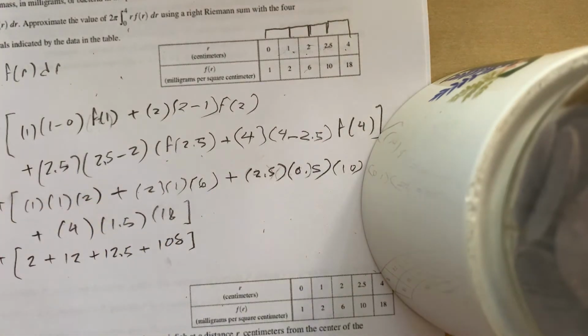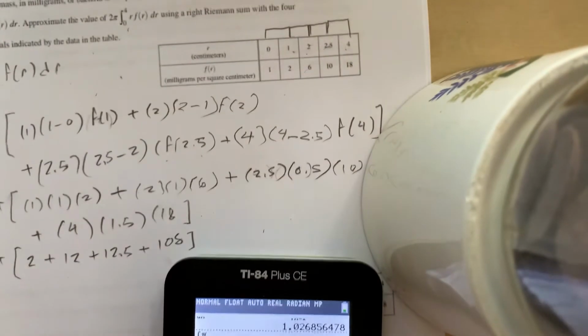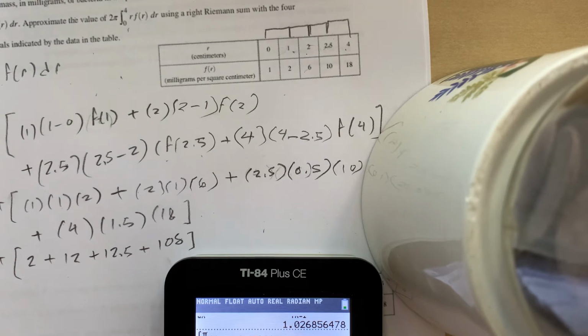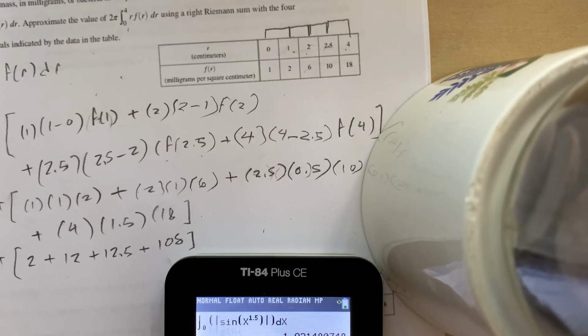And then what we do now is add all the values in between the parentheses together. So 2 plus 12 plus 12.5 plus 108.